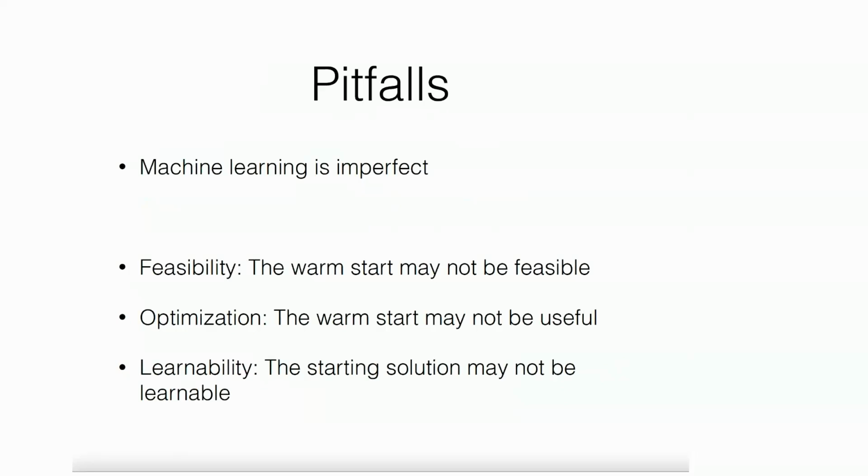These could come about by machine learning. The machine learning might, however, be imperfect. There might be issues. Maybe the warm start is giving you a starting hint, like start your solution here, but the place it's telling you to start isn't even a feasible solution for your new problem. It may be that it's not actually useful, that it leads you in the wrong direction. We have to be careful to pick things. Ideally, we pick things that actually are learnable.